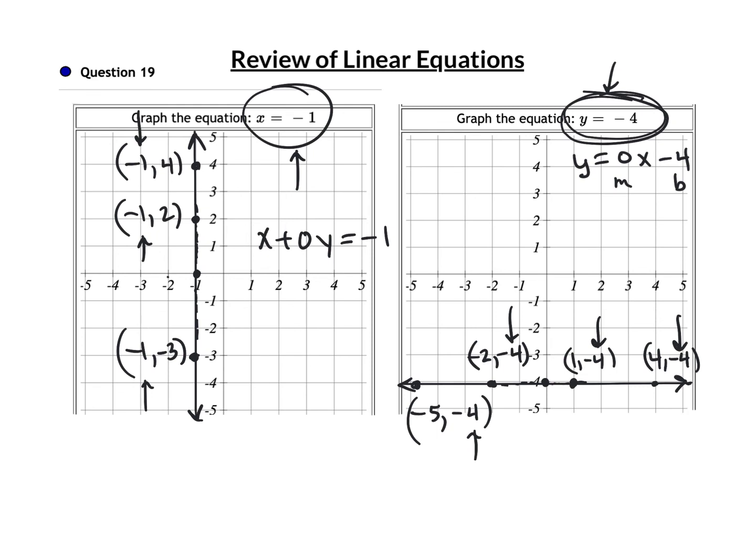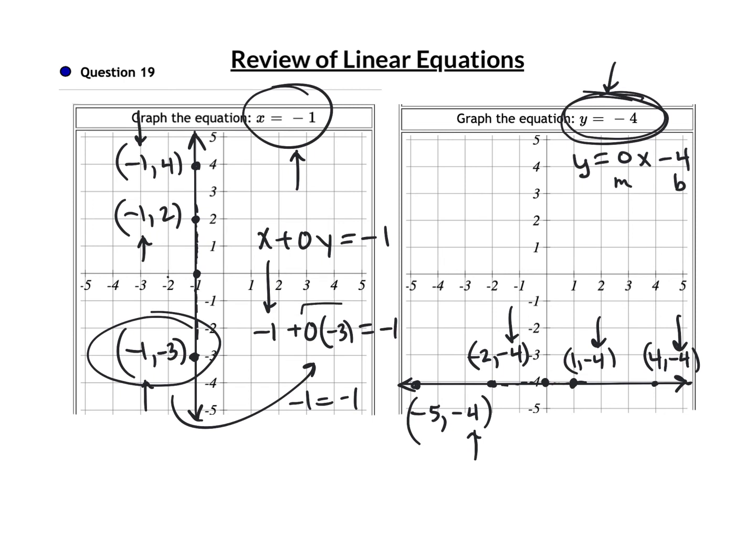But notice the ordered pairs work in this equation. If I pick any ordered pair and I plug it in, -1 plus 0 times -3, it does equal -1. That becomes -1 equals -1. Anything you plug in for y just gets multiplied by 0 and is gone, and x is always -1.